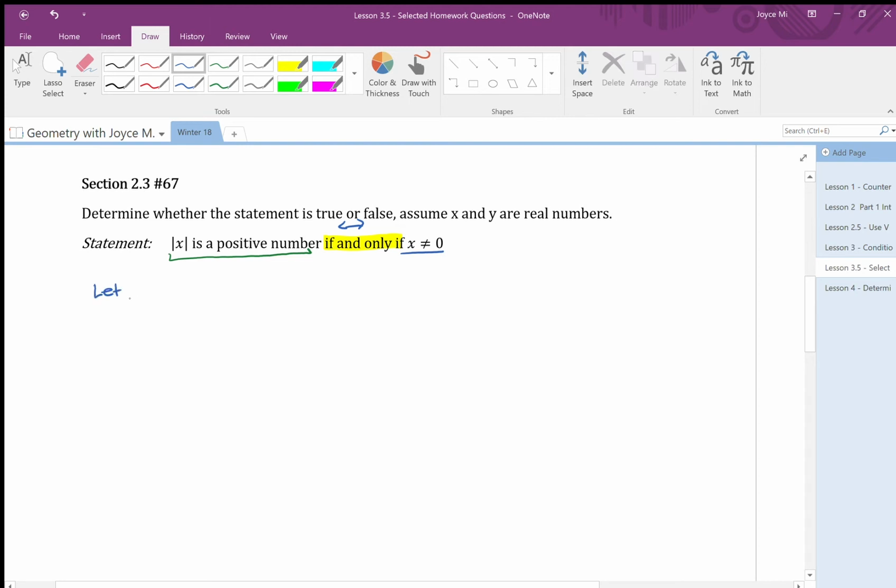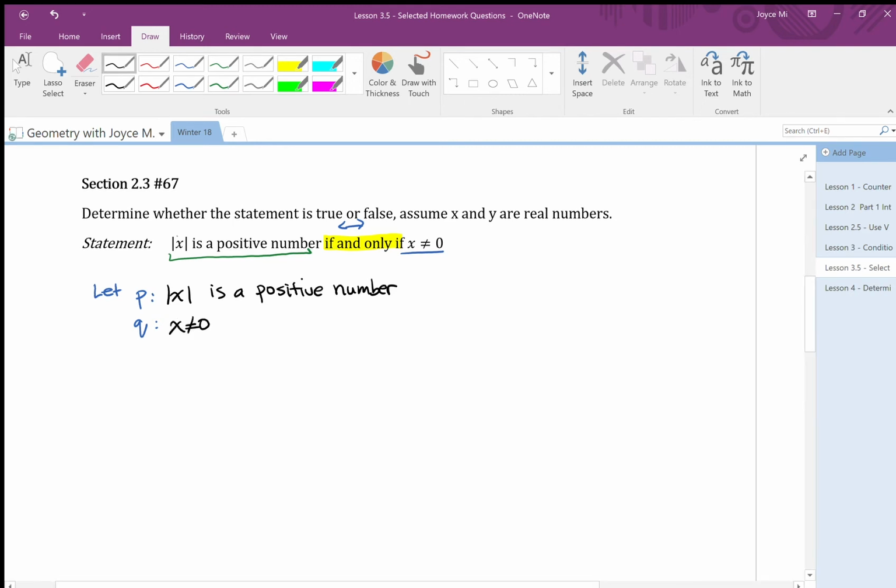P represents the statement that the absolute value of x is a positive number. I'm going to let Q be the statement that x is not equal to 0.